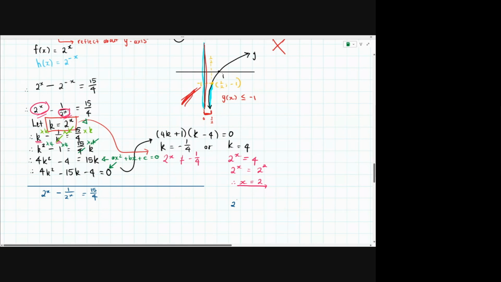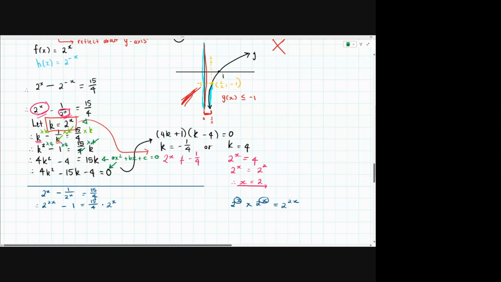Now, this first term, if you've got 2 to the power x times 2 to the power x, according to your exponent laws, you would add your exponents together and you would end up with 2 to the power 2x. So this would be 2 to the power 2x minus 1 is equal to 15 over 4 times 2 to the power x, because you've times everything by 2 to the power x.